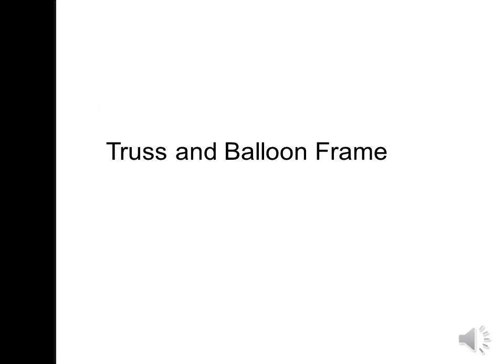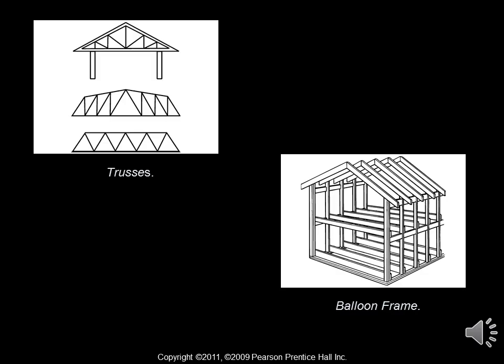The next architectural methods we'll be going over are truss and balloon frame construction. In the upper left-hand corner of this slide we have examples of trusses. Trusses are triangular frameworks that are used to span or to support. In the lower right-hand corner we have a diagram of a balloon frame construction.